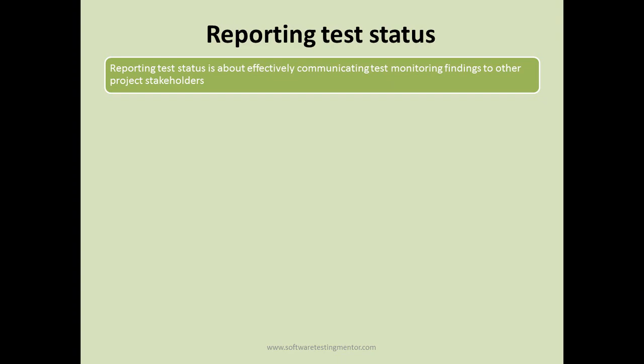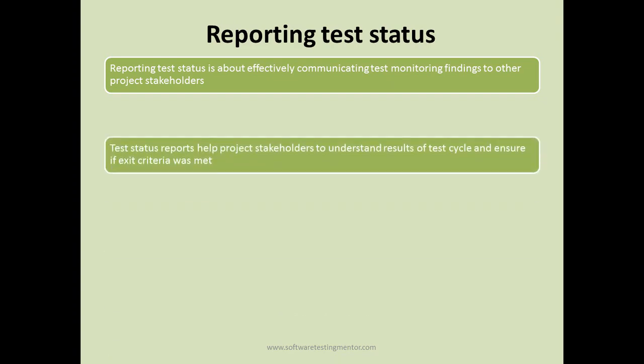You have to report those metrics in a proper way to the stakeholders so that they can understand what's going on in the test life cycle. So reporting the test status is about communicating those monitoring metrics effectively to the project stakeholders.